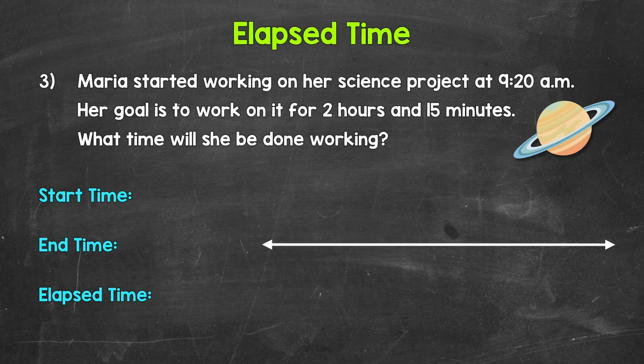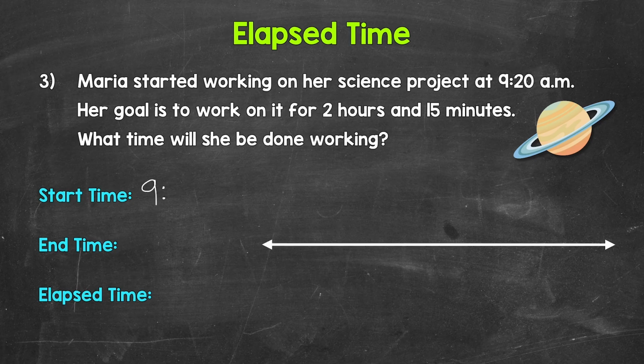Taking a look at number 3, we have Maria started working on her science project at 9:20 a.m. Her goal is to work on it for 2 hours and 15 minutes. What time will she be done working? So we know the start time.